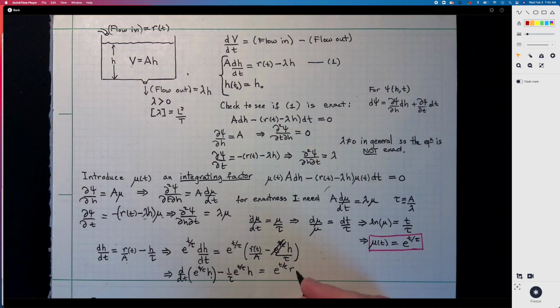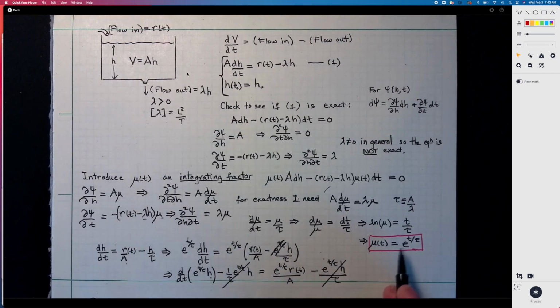Times r of t, all divided by a, minus e to the t over tau h over tau. And this term and this term, they cancel. So that's true precisely because I chose my mu to be e to the t over tau. I picked it so that this cancellation would happen.